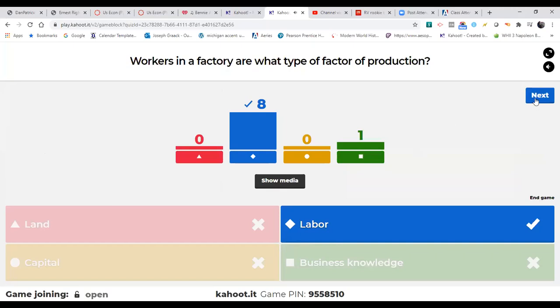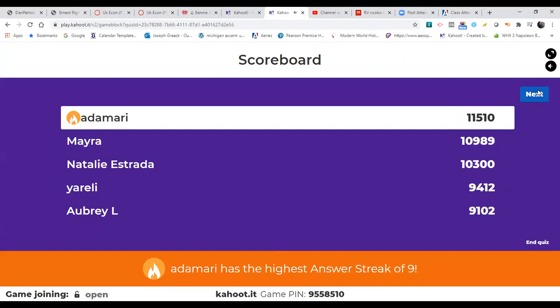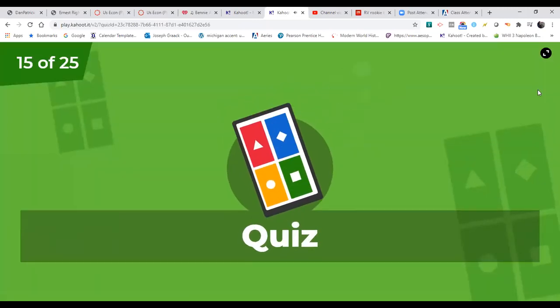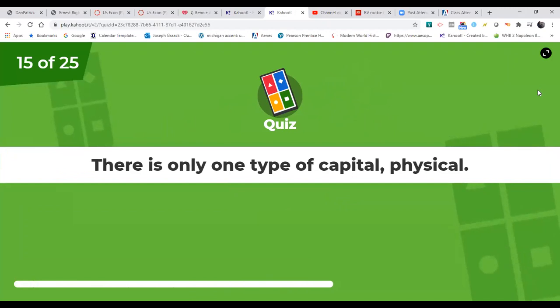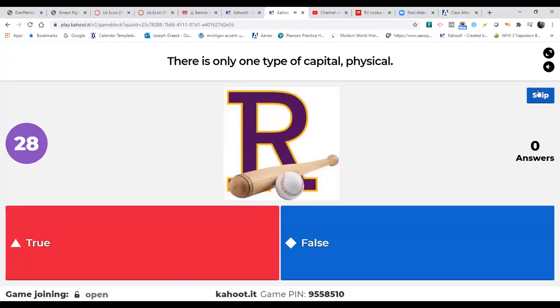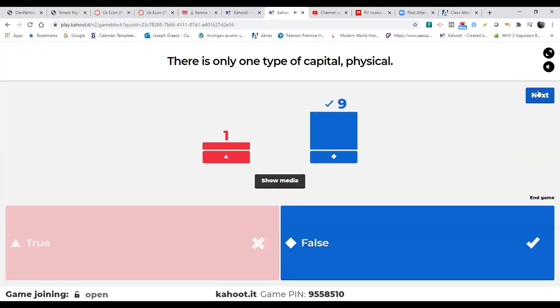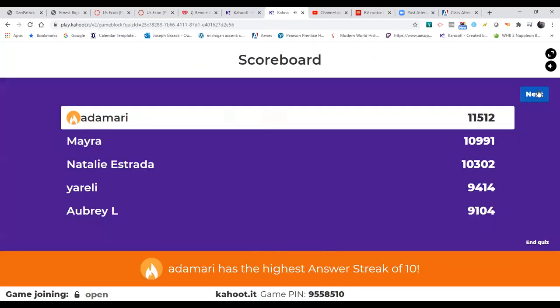And there's two types of labor, human and machine. There's only one type of capital, physical. Is that true or false? That is false. There's more than one type of capital.